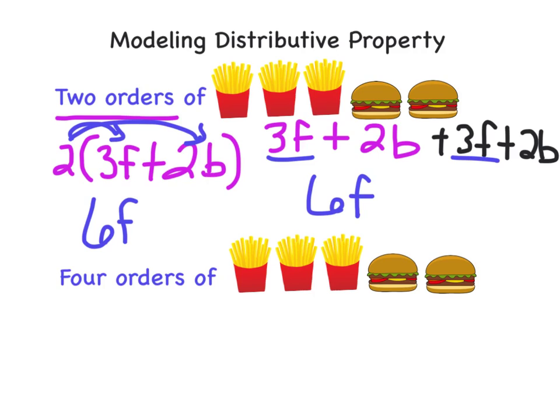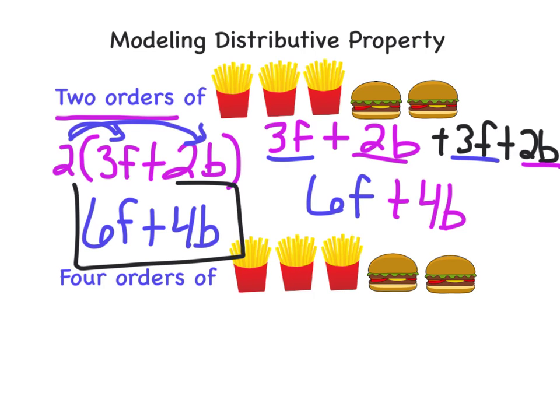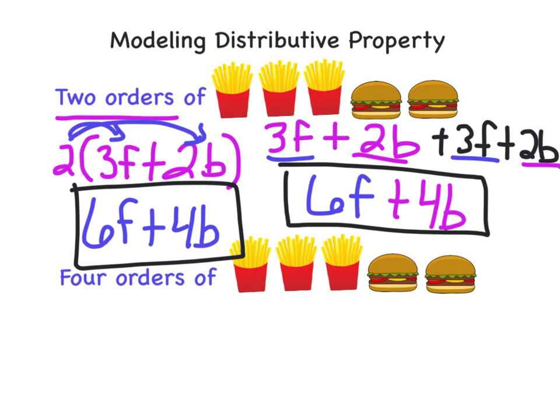And then 2 times 2, which is 4B. And then if I look here, I have 2B and another 2B, which would be 4B. So whether you write it as repetitive addition or multiplication, it'll still give you the same answer. Now pause the video and try the next problem on your own and then unpause it.